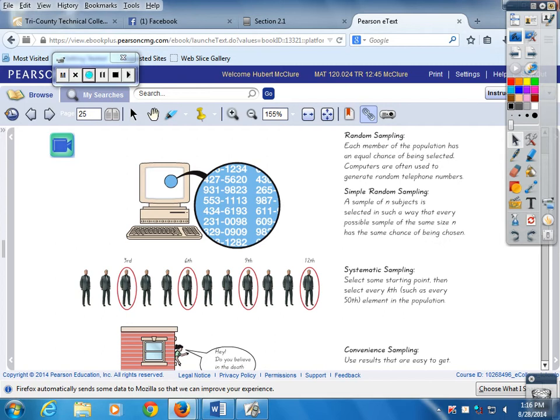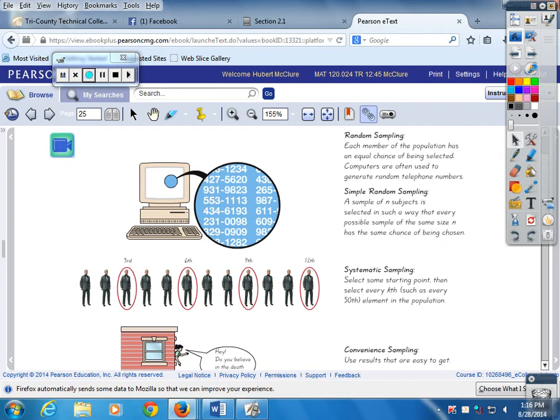That would be a mess. Okay? Everybody see what I'm saying? The picture of the computer simplifies the actual picking of a phone number because it can go through and do that.